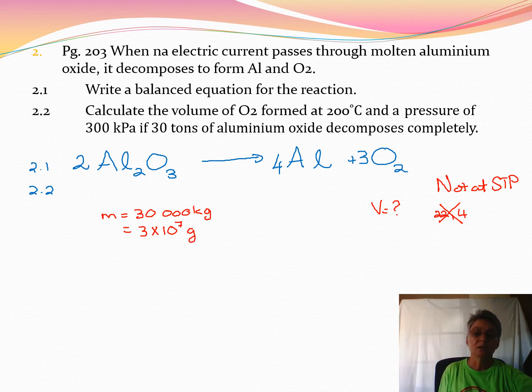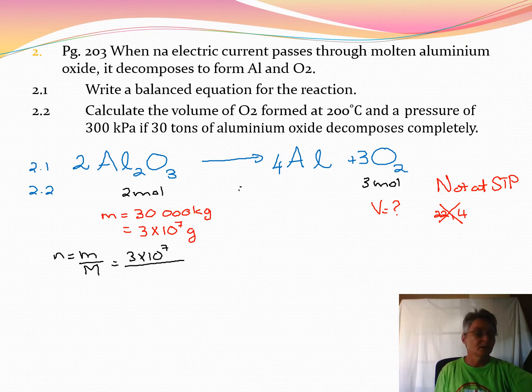So we need a mole ratio. 2 moles of aluminium oxide gives us 3 moles of oxygen. So we need to change the mass to moles. Moles is mass over molar mass. So it's 3 times 10 to the 7 divided by 2 times 27 plus 3 times 16, that is 102.